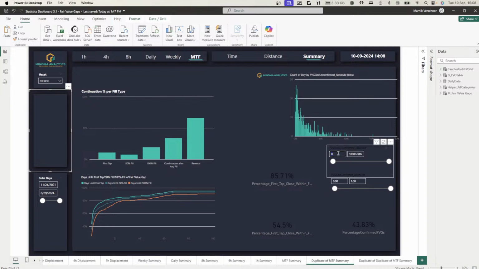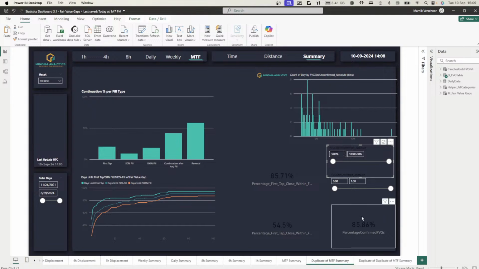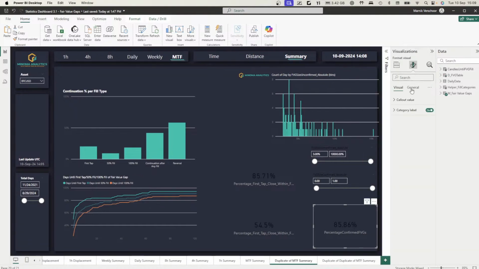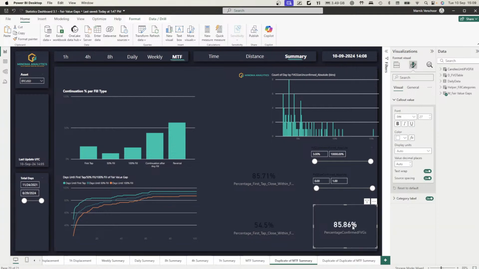What I figured out is that if you have a fair value gap of at least 3%, you can put that here. Let me put it like this. Then you see right here, and this is really beta. Oh man, my mouse is dying.